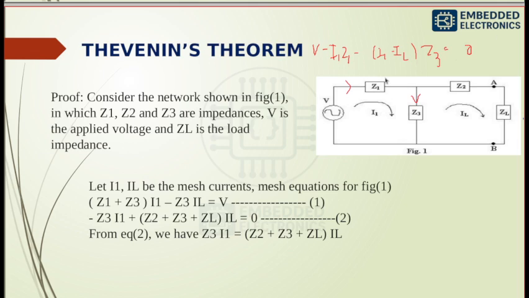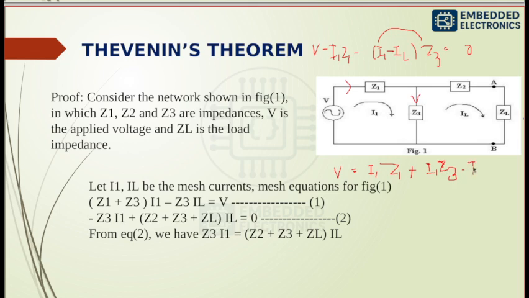Now how do we simplify this equation? To simplify, we move all the other terms to the right side except V. Then V equals I1 Z1 plus I1 Z3, and then minus IL Z3, because minus IL is there.